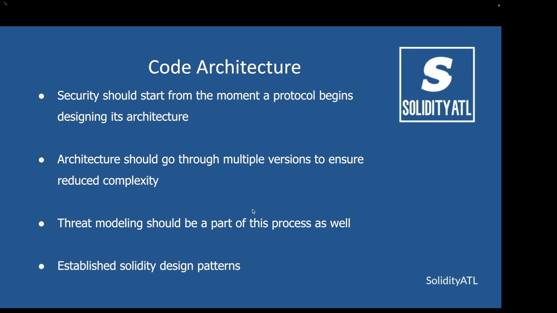So thinking about permissions of who should be able to access what, designing a protocol in a way where it's as simple as it can be, because generally complexity will add more of an attack surface. And also recognizing that your first iteration of designing or architecting a protocol, you're going to have to iterate on it.